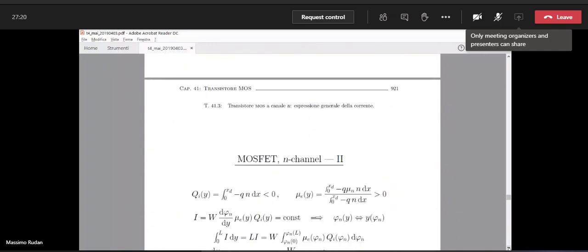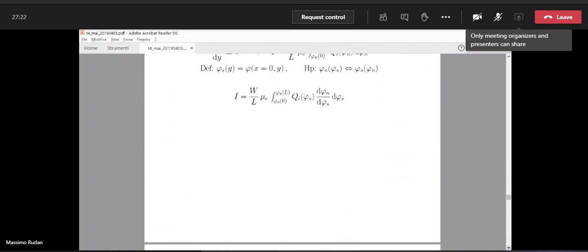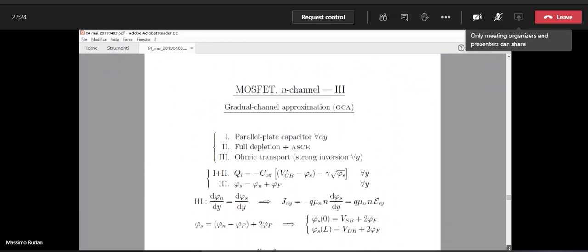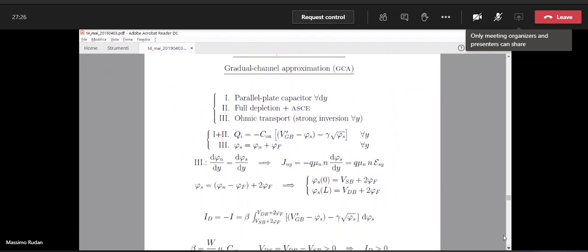You remember that we have now demonstrated number one, parallel plate capacitor, and number two, of course, follows because we treat the parallel plate capacitor with the full depletion approximation, okay?